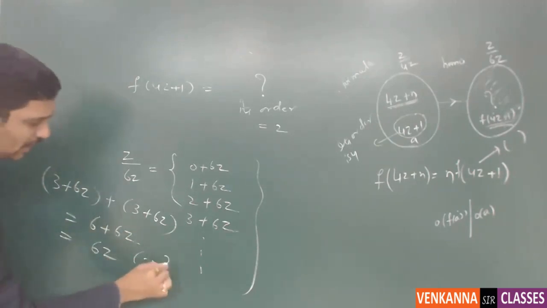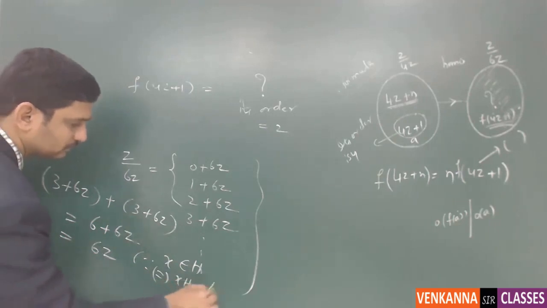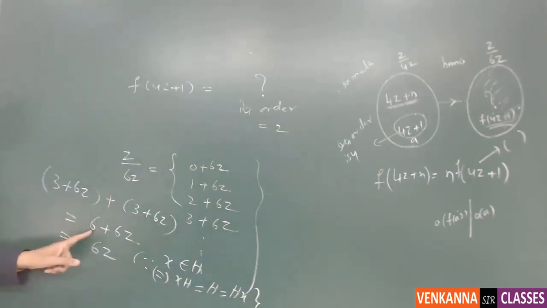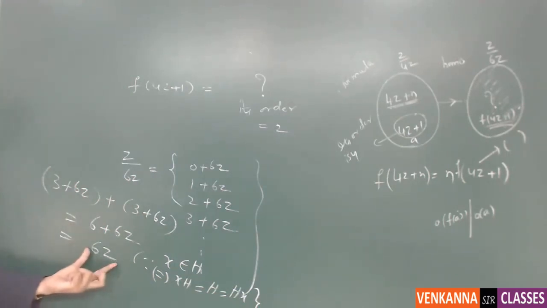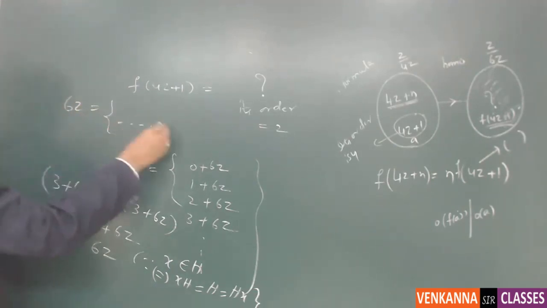Since it is a coset formed with multiples of 6, it contains all multiples of 6.